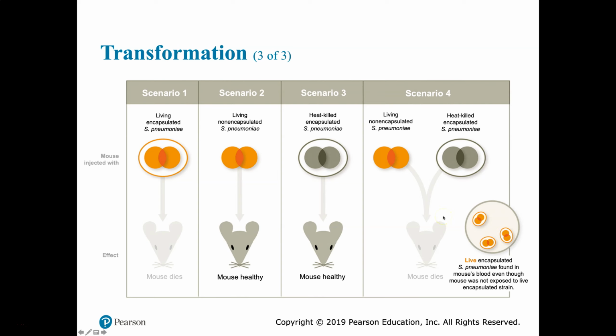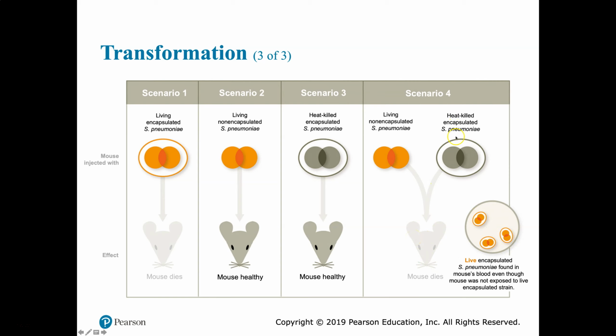In this last scenario, if you inject live non-encapsulated Strep pneumoniae and heat-killed encapsulated Strep pneumoniae, okay, this is dead, but it has the genes for the capsule. So what will happen is the living non-encapsulated cells, through transformation, can pick up the genes from the dead cells to form capsules, and you can see that down here, and kill the mouse.